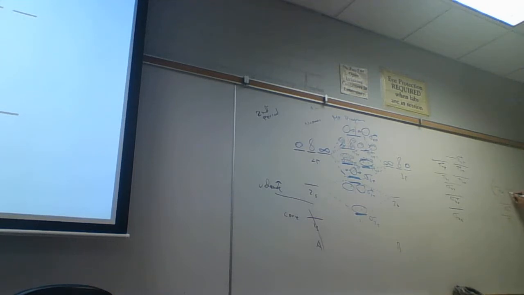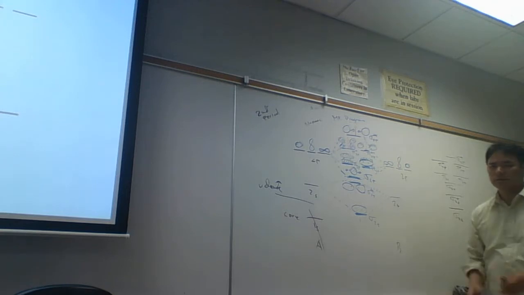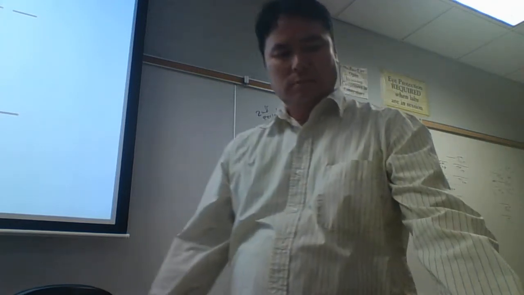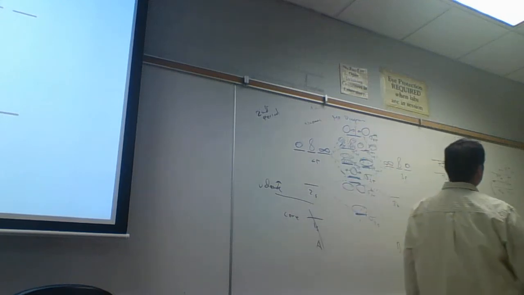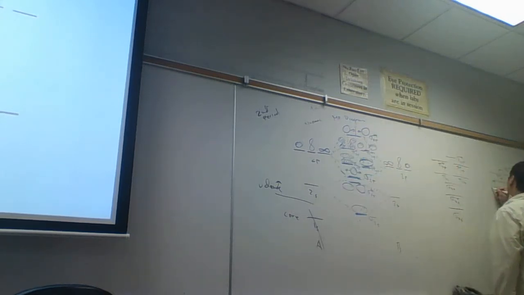The pi 2p, pi 2p, and then finally the sigma 2p, and then the pi star 2p, pi star 2p, and then finally the sigma star 2p. And so why did this orbital get bumped up here? And so this is abnormal because of repulsions.